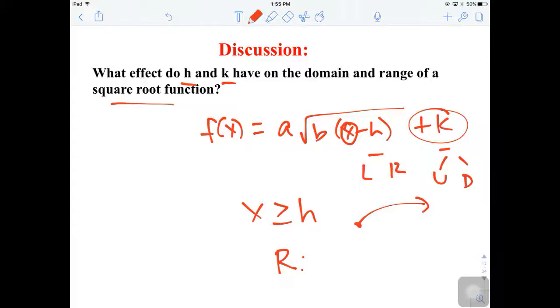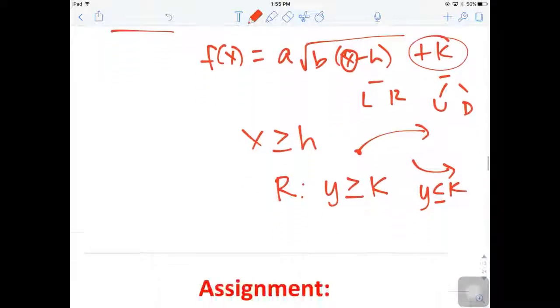But if it's flipped and it's going to the left, then x is less than or equal to h. So for the range, y is going to be greater than or equal to k, or if the graph is flipped this way, then y is less than or equal to k. So hopefully that tells you what the domain and range is.